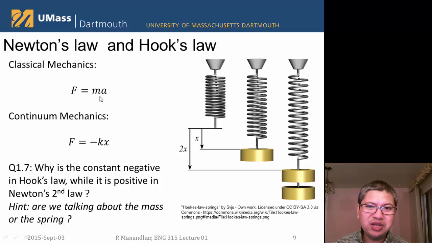You can see in one case there's no negative sign, while in Hooke's law there's a negative sign, while the constant of proportionality between force and acceleration is positive. Can you think of why that is so?